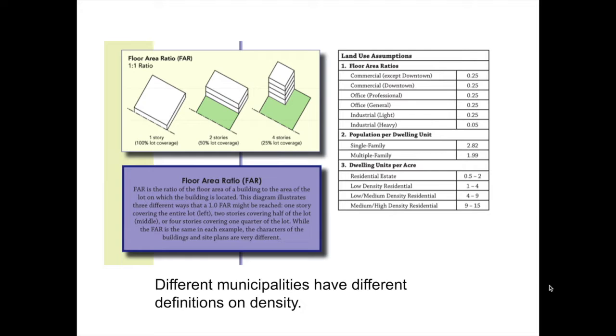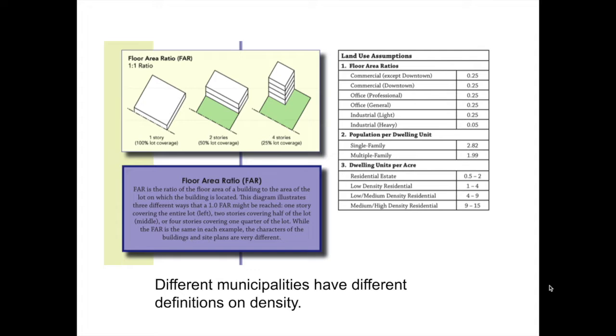dwelling units per acre. FAR is graphically represented if we assume that a one-story building is filling an entire lot with 100% lot coverage. That is an FAR of 1 to 1. Floor area ratio of 1 to 1. That almost never happens though, because you have other things like parking and runoff and stormwater and setbacks that you want to factor in.